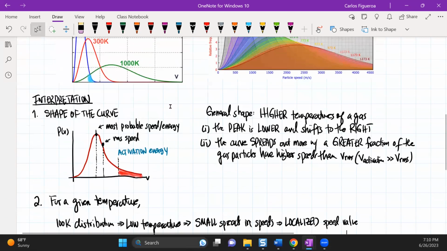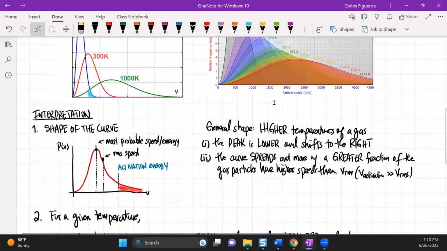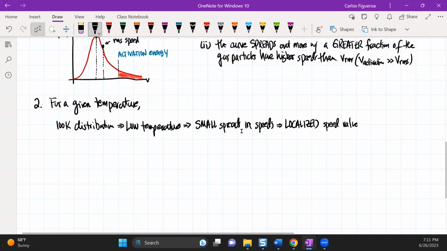But now look at the 1,000K. And what you're seeing here is that when you look at their activation, it's way larger. So if I come in here and look at this, this is a 1,000K distribution. So this happens to be a high temperature.